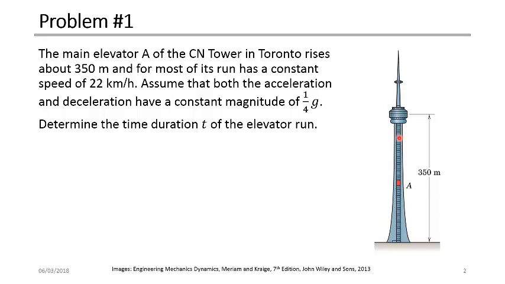So we have a deceleration up here. During the acceleration and the deceleration, we have a constant value, which is 1/4 g. Determine the time duration t of the elevator run. So we require the total time duration during the acceleration, the constant speed period in the middle, and then the deceleration.